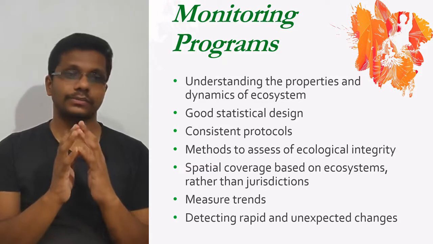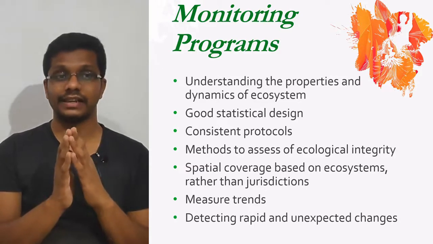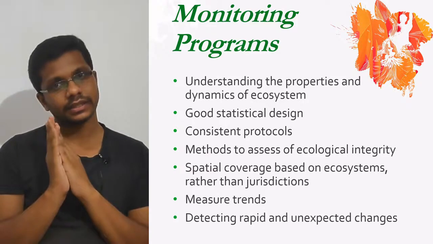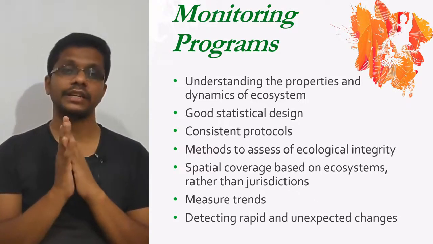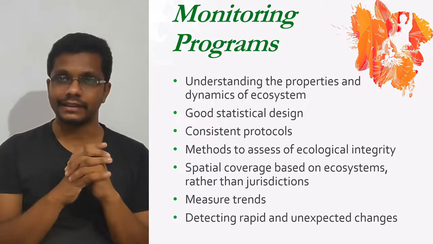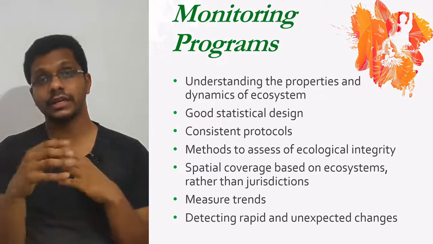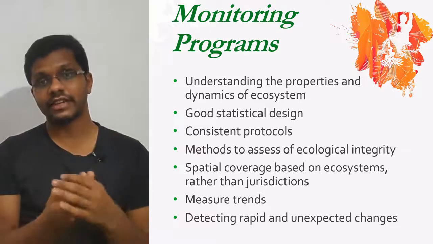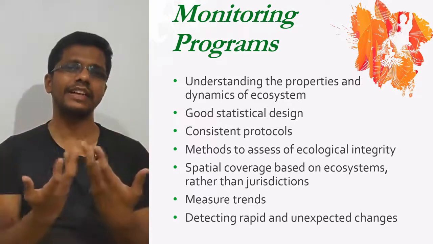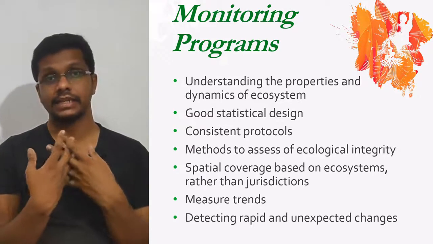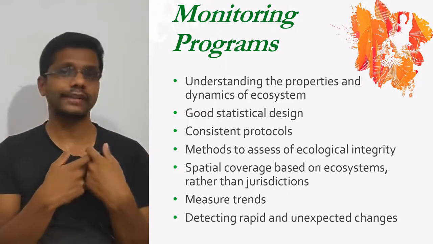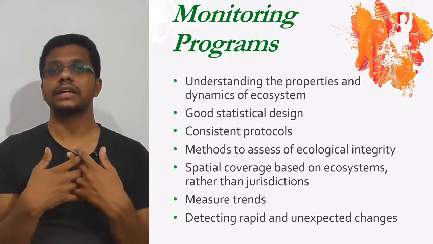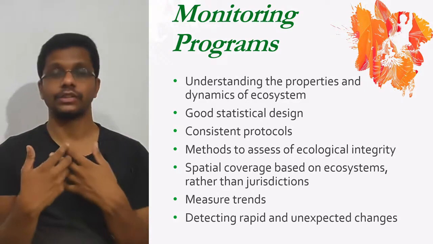And these monitoring programs should have the capacity to understand the properties and dynamics of ecosystem. As we discussed in earlier videos, inventorying is very difficult because it's a very complex system, biodiversity complexity is very high, and the sampling is difficult. So there are so many difficulties for making an inventory. The same thing applies here. We cannot study the whole biodiversity in a huge geographical area.